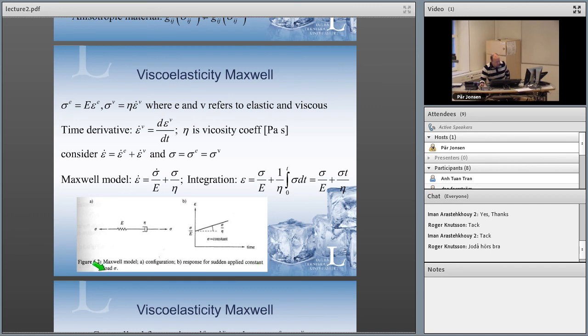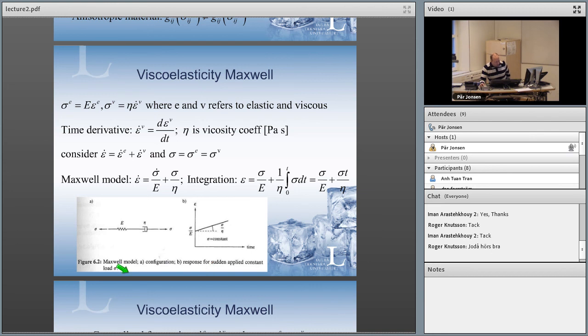And if we put up this system, we have a split on the strain, the rate of the strain, also into elastic and viscous part. But for the Maxwell model, we know that the elastic and the viscous part is exactly the same.